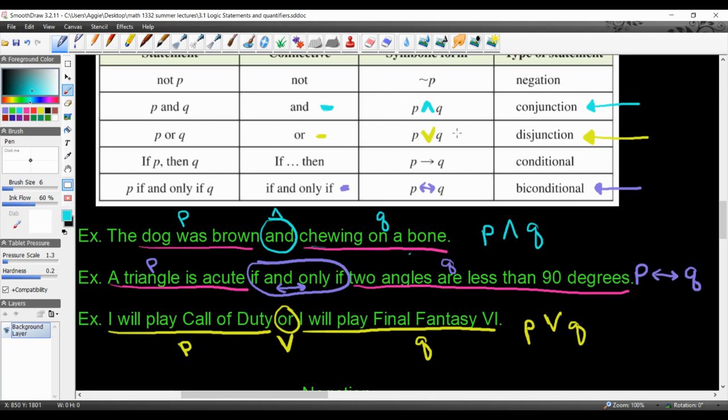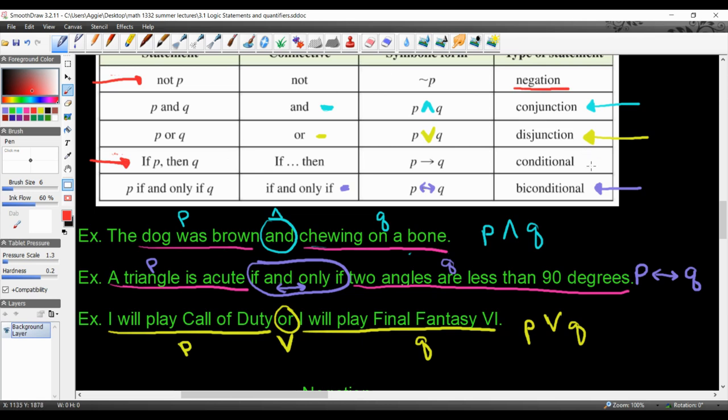Okay, the two that I did not cover, so they're not in this example, are your negation, which is this one, and if P, then Q. I don't think we talked too much about this second one right here, but we are going to talk about negation quite a bit in a bit. Just really quickly, if P then Q is an if-then statement.